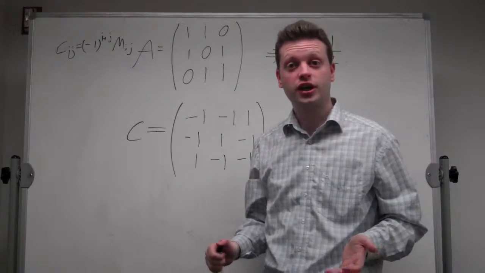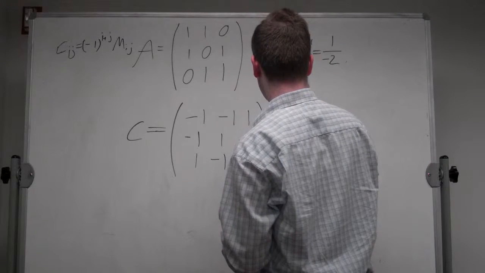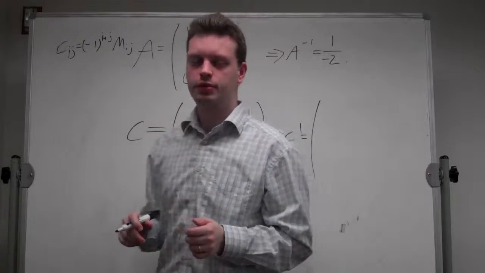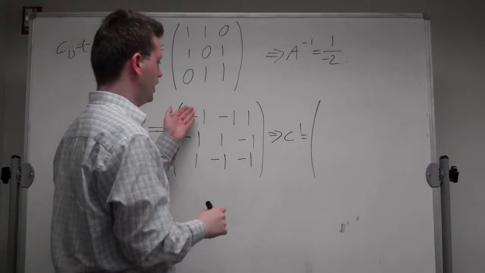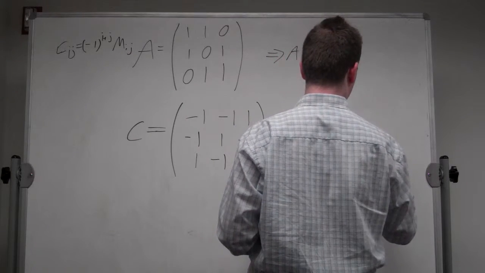As in the 2 by 2 case, we now need to transpose it to get to the adjugate. So let's transpose this matrix here. The diagonal elements stay the same: minus 1, 1, minus 1.